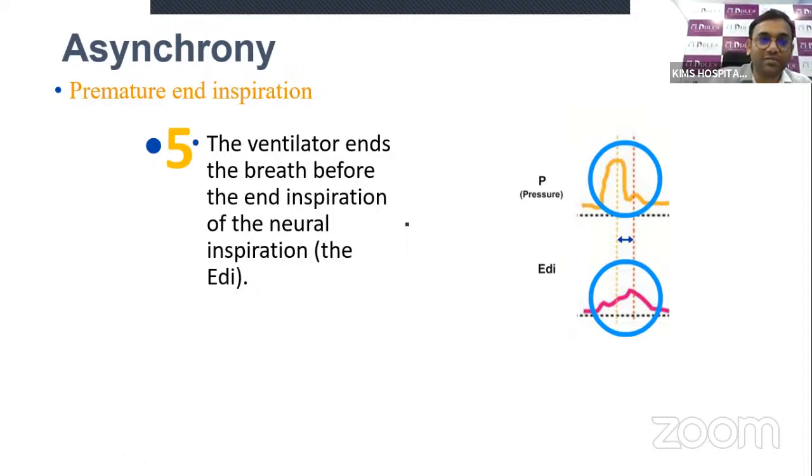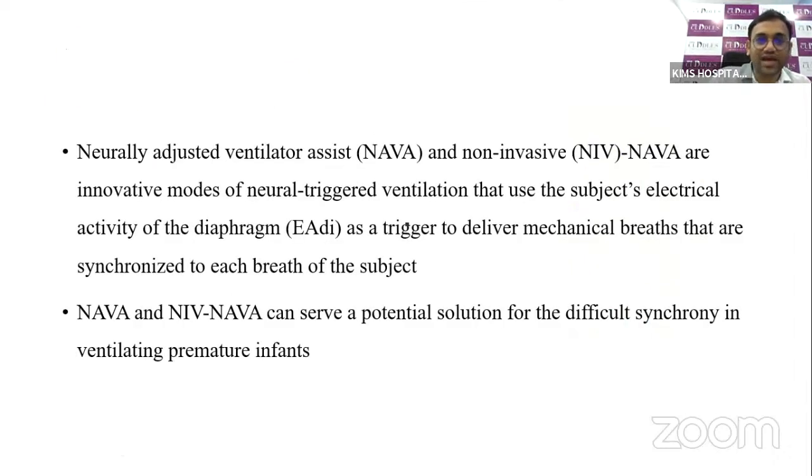So in order to have better synchrony, the NAVA will help to identify the signal at the level of the EDA so that better synchrony can happen. Here comes the importance of the NAVA. NAVA is neurally adjusted ventilatory assist, and non-invasive NAVA is non-invasive neurally adjusted ventilatory assist.